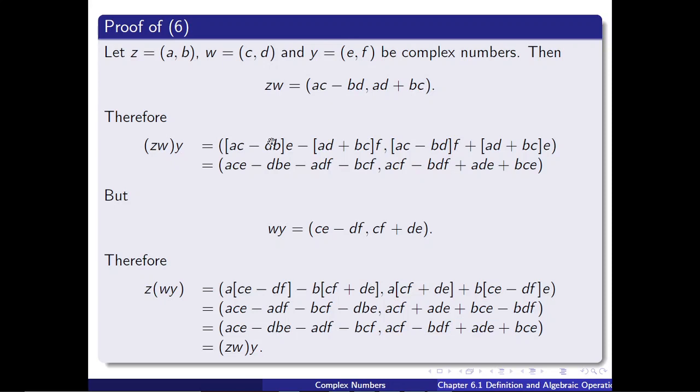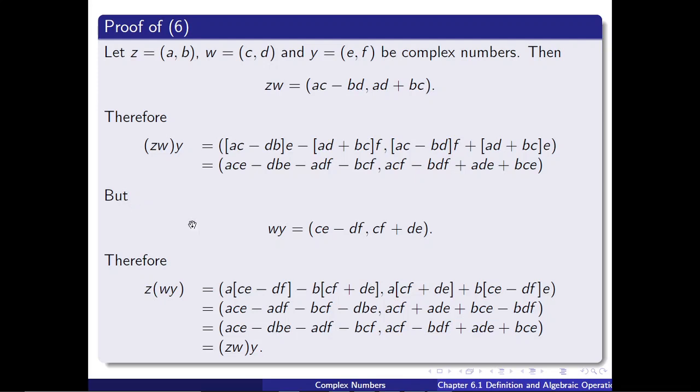So we get the first component of zw times the first component of y, minus the second component of zw times the second component of y, and so forth. It's just employing the rule that we have, and so we get that. And then if we expand this, we get ace minus dbe and so forth like that.